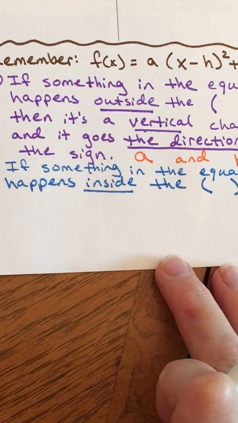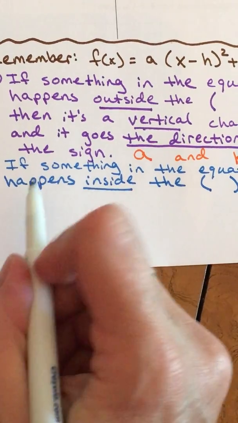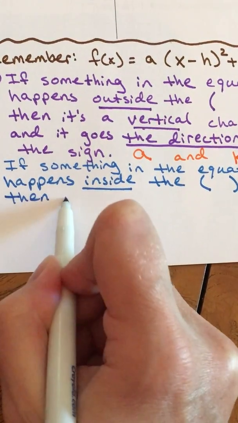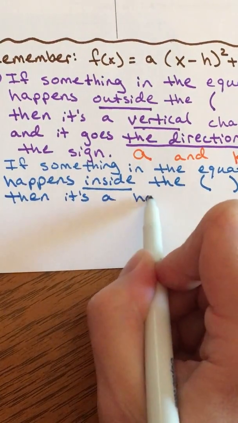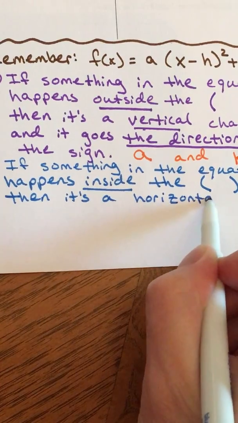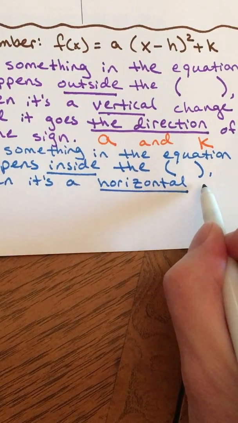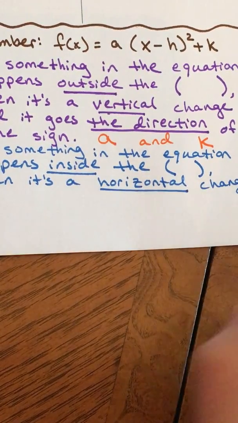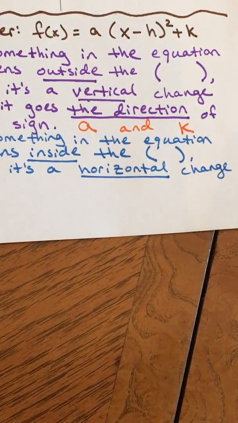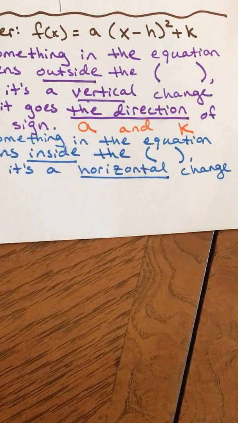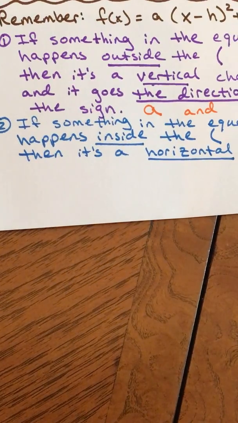So if something happens inside the parentheses, then it's a horizontal change, and as a result, it goes the opposite direction of the sign.